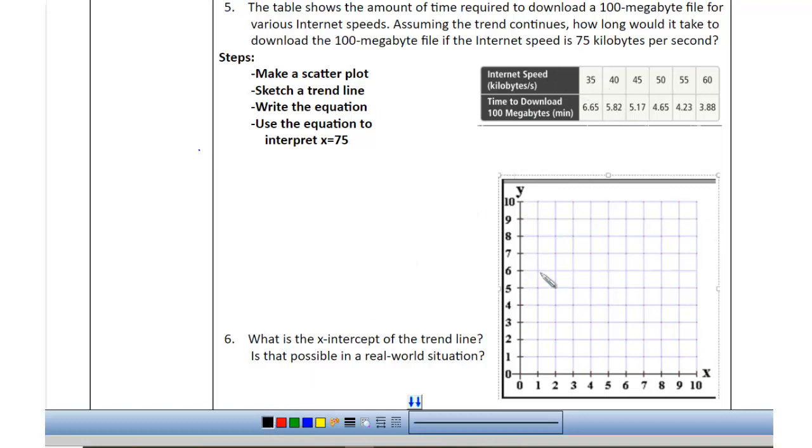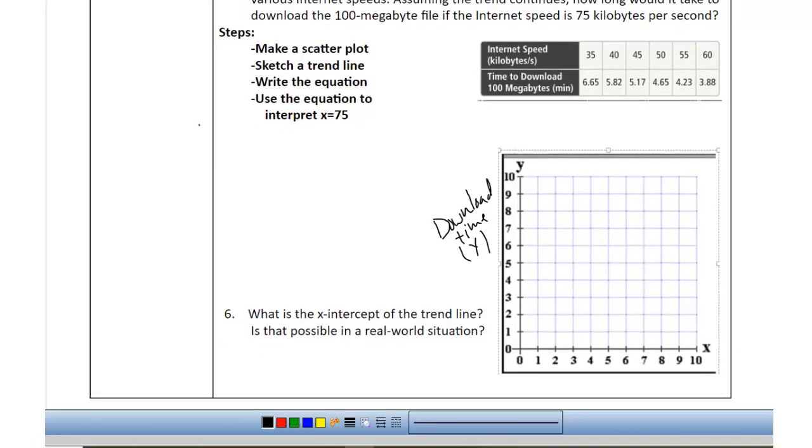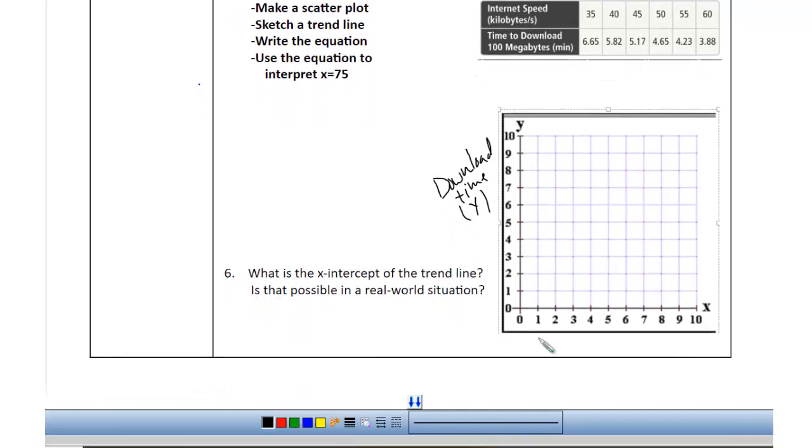So I get 35 and 6.65. Now the way this is arranged, it's going from 0 to 10, 0 to 10. That'll work here, which is going to be the download time. That's going to be my y. And then down here, we're going to have the internet speed.